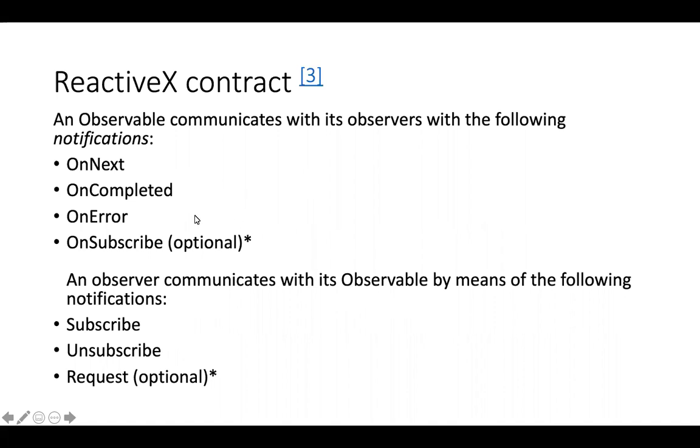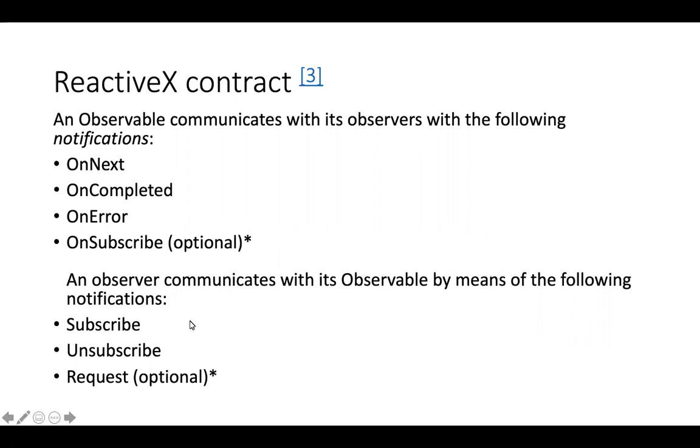So you have the observable object, and you call these methods. What happens when on next happens? When a new message comes, then on next will be called. When the stream has finished, on completed will be called. When there is an error, then on error will be called.